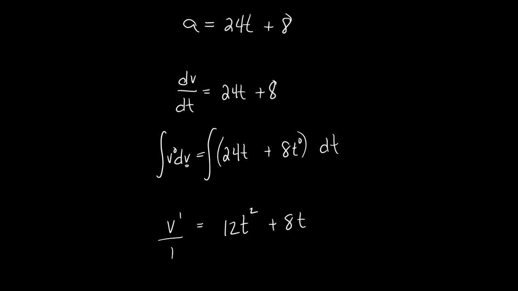And make sure you recognize that there is a constant that might have disappeared during the process, and it represents the initial velocity. That's what you're supposed to do. That's the whole symbology of the process.